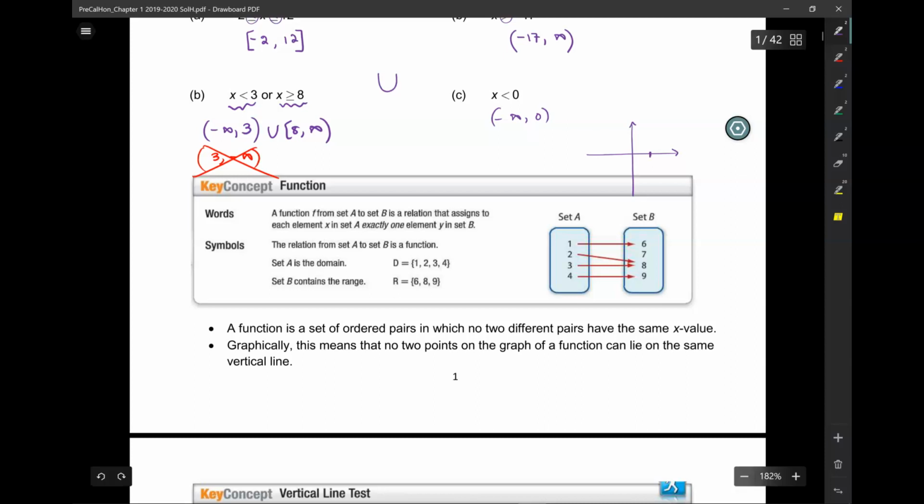So for example, if x is 2, I cannot have 2, 3 and let's say 2, -2, right? That is not a function. All right? So each x can only have one y value. That's how I define a function.